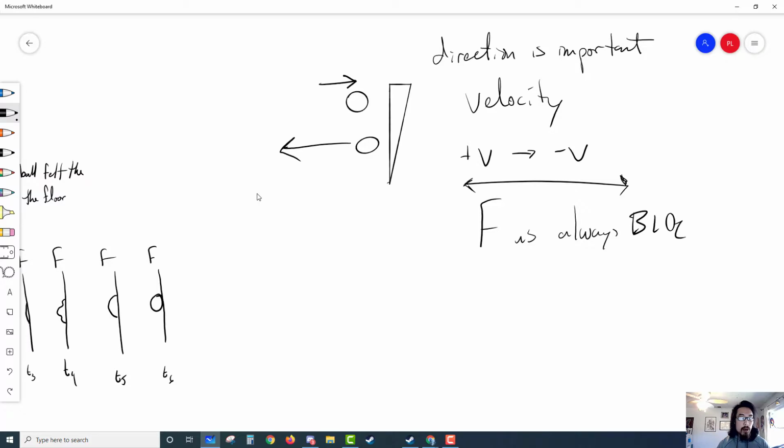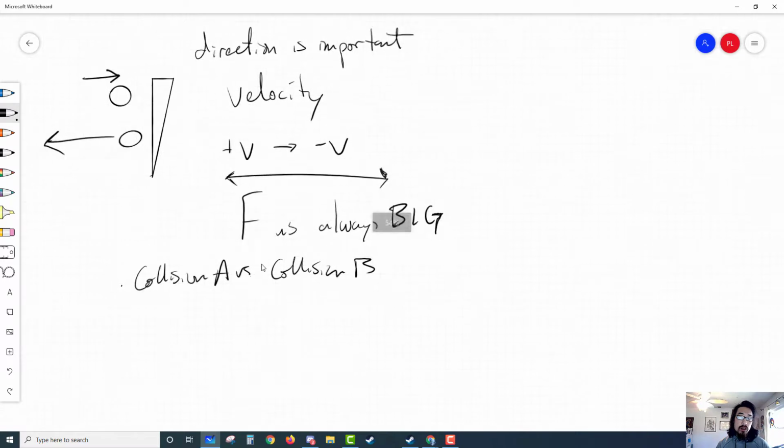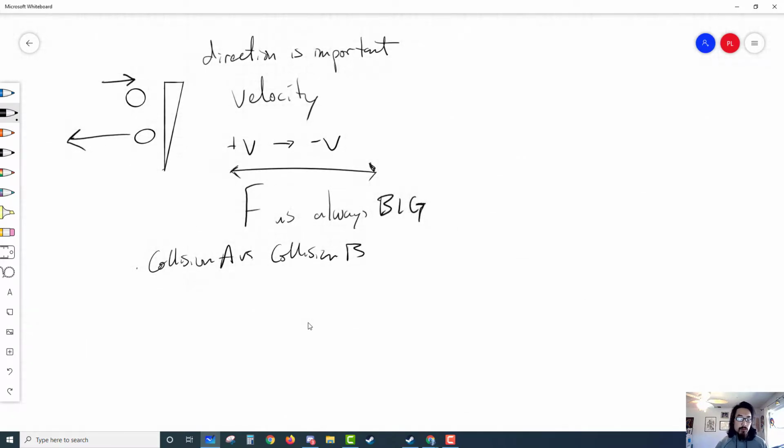So that's something to keep in mind, and this will pop up later on when we talk about different kinds of collisions, and the questions are always like, between collision A versus collision B, whatever the collisions might be, which collision exerted the greater amount of force, which collision had the greater force, right?